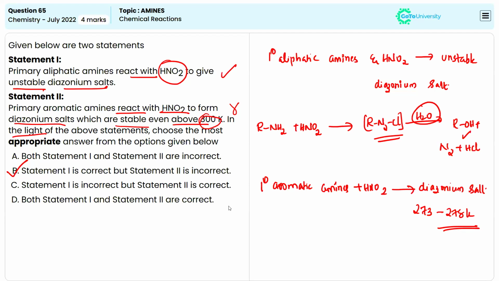Okay, the equation and the reaction conditions and how the products are obtained. That was so important. Write it down.